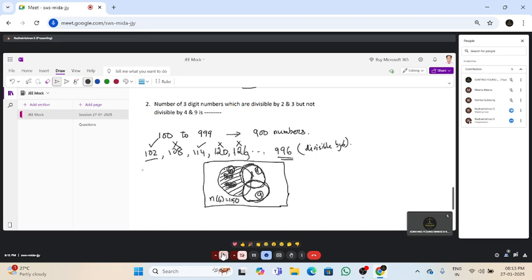Using the same logic, we can write n of 4 and n of 9, so different areas we can mark.